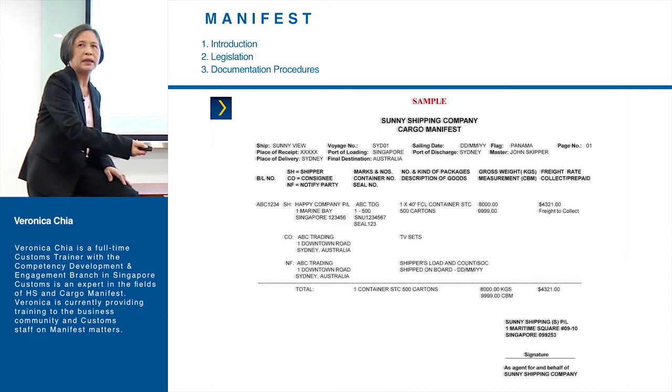So freight is collected on the space that they occupy on board a vessel. The last one will be the freight charges. In this instance, the freight charges are paid at the place of destination. That will be the importer overseas who will have to pay this freight. Lastly is the total of everything on board the manifest.